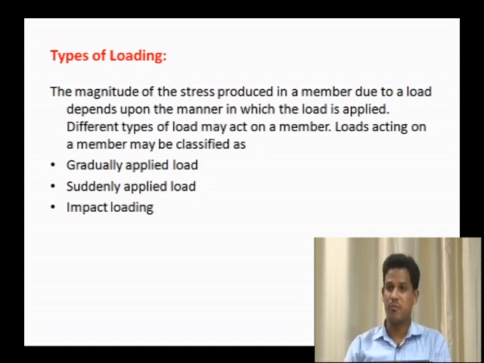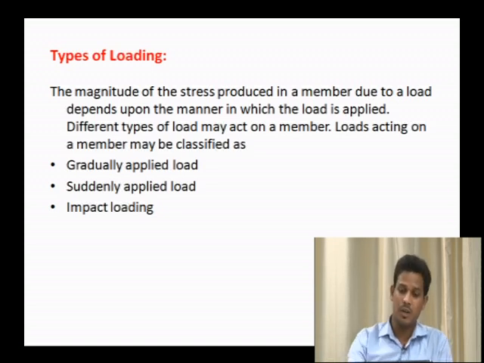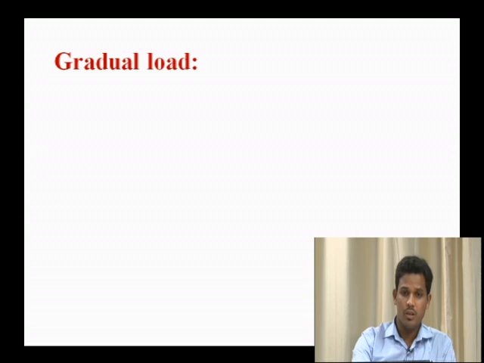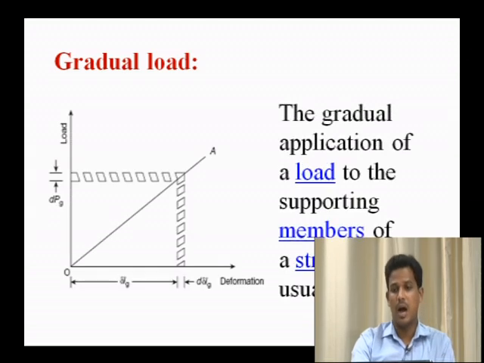There are three types of loading conditions, depending on how we are applying the load. The first one is gradually applied load, the second is suddenly applied load, and the third is impact loading.